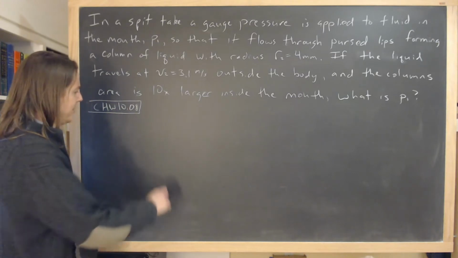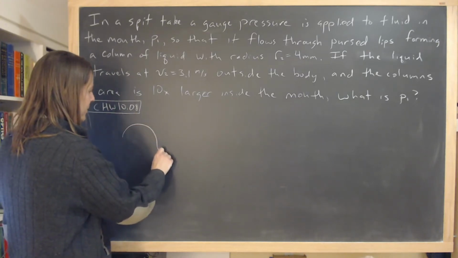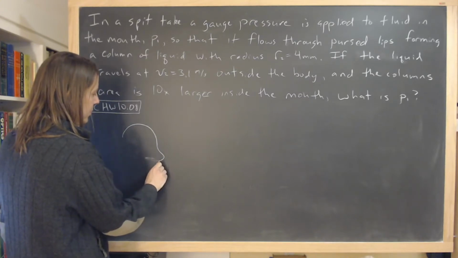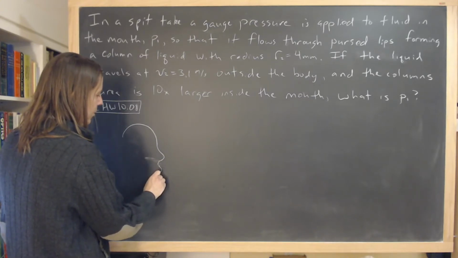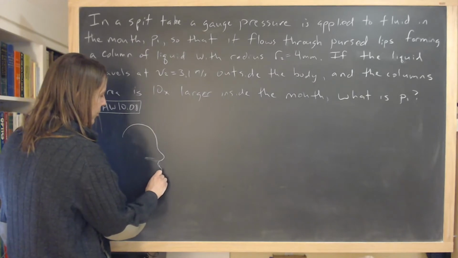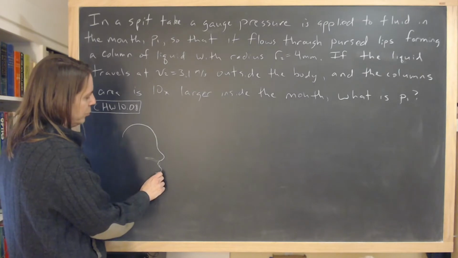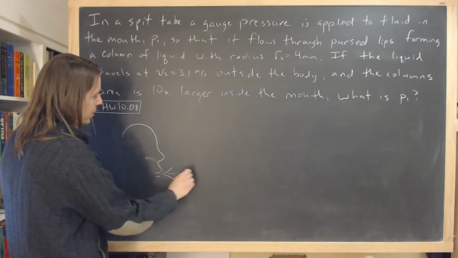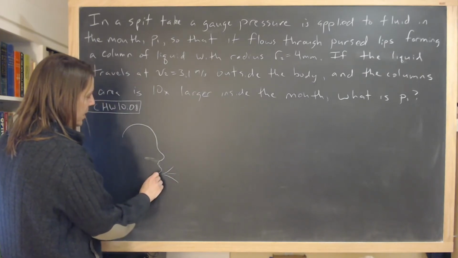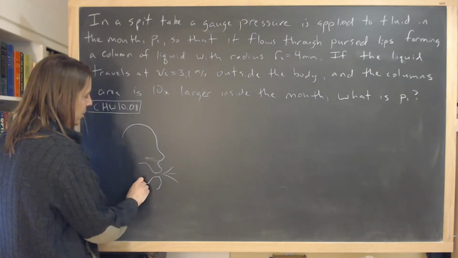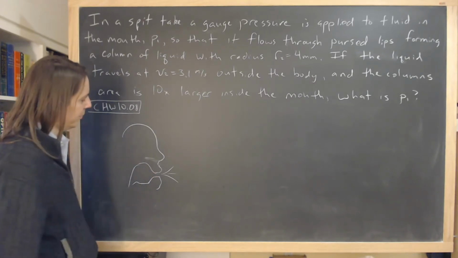So let's think about the spit take here. Here are the lips making the little pursed 4 millimeter tube, and the liquid comes out here, and there's the chin, and that widens to the mouth that we said was 10 times larger in area, and then it goes down wherever.